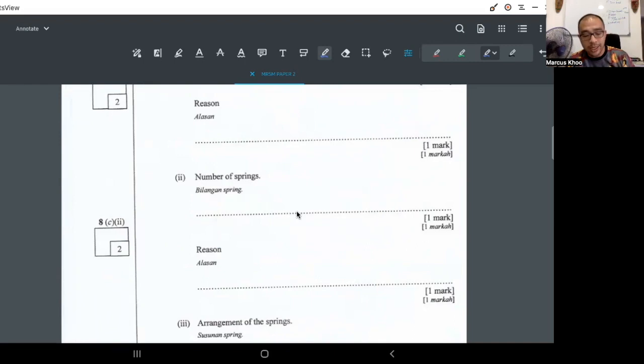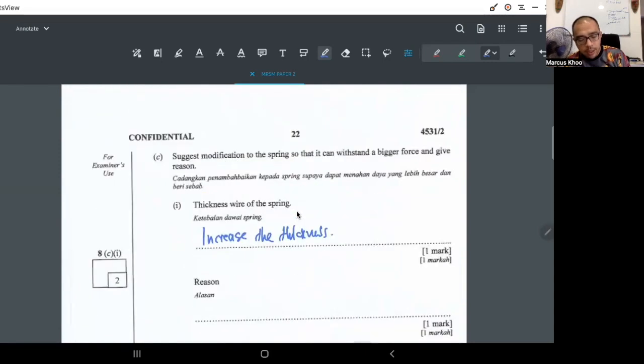Of course you increase, higher number of springs. Actually the first one, higher thickness, a bit weird but can. The important thing is the thickness is bigger.